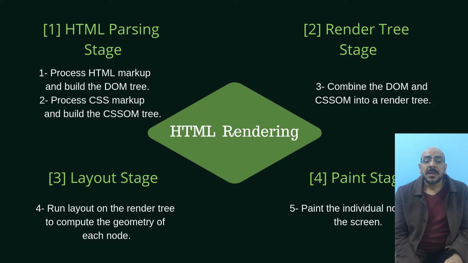The second stage, called the render tree stage, is where the combination of the two previously mentioned trees occurs. In the third stage, called the layout stage, geometric computation is done to calculate the position of each node. Finally, the paint stage is here, and everything is visually seen on the browser user interface.